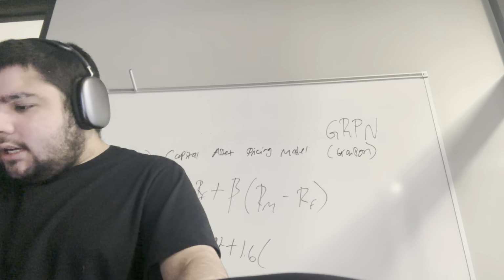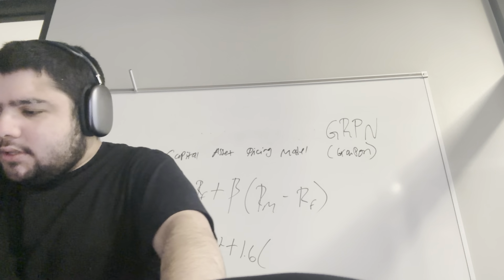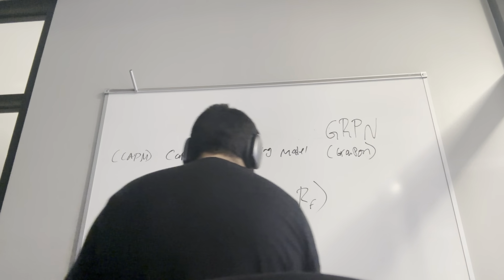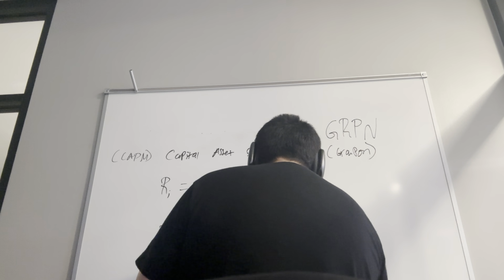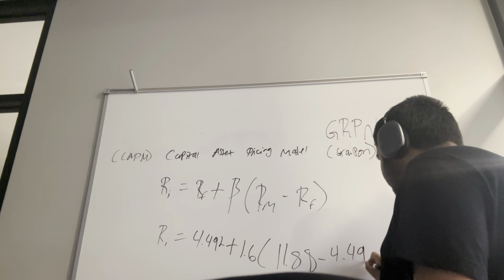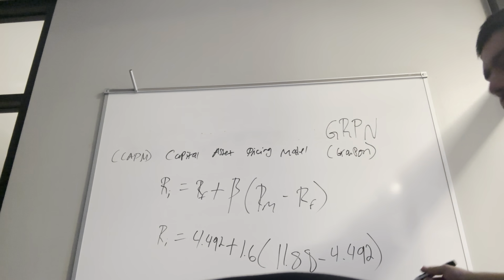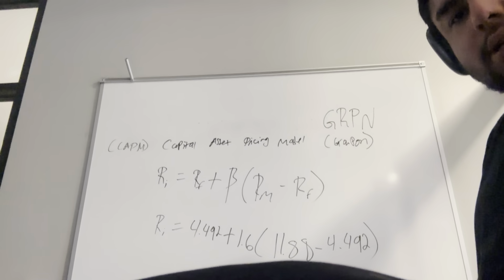The index has returned a historic average around 11.88% since 1957 to 2021. So let's choose that, 11.88. So 11.88 minus the risk-free rate of 4.492. So this is CAPM with actual data.